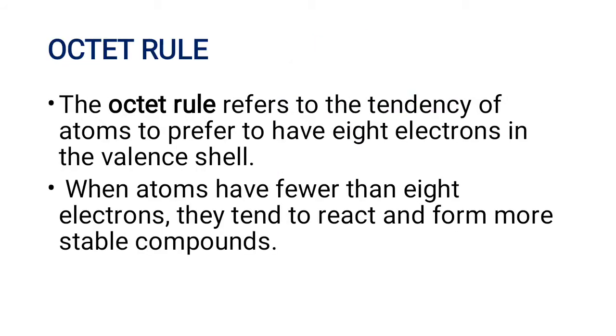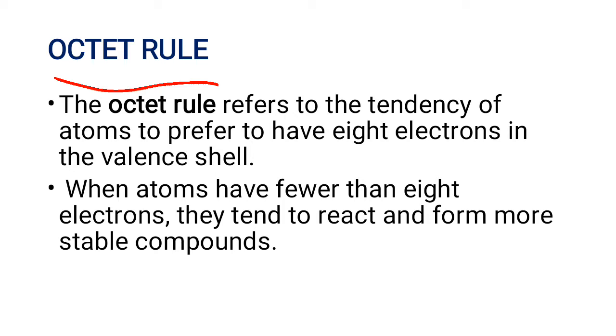Now we will be seeing why atoms are reacting and why atoms need to be bonded. Here we are going to study two very important rules which explain the nature of elements, the atoms, of making chemical compounds.